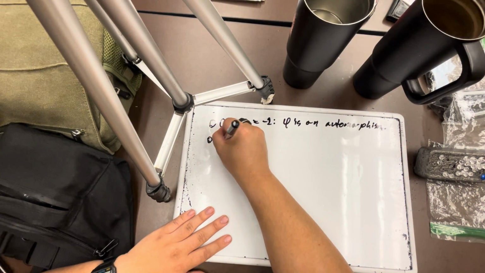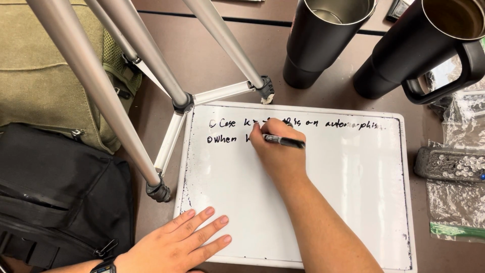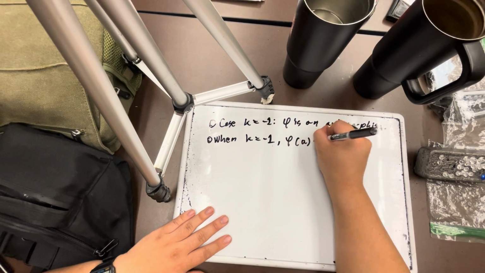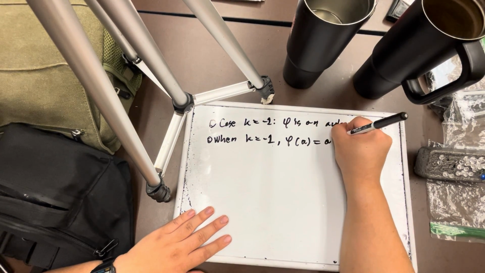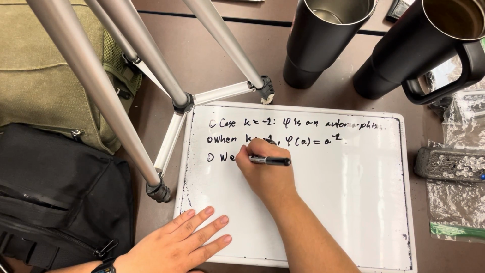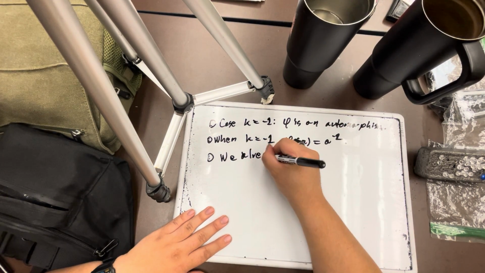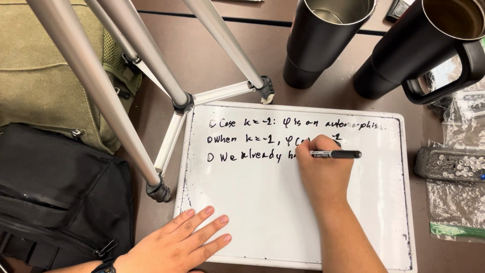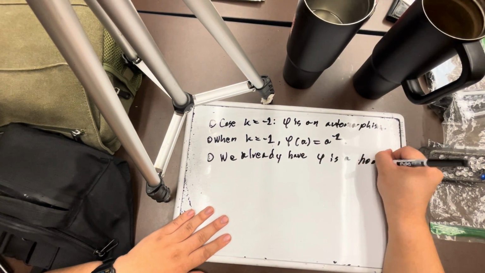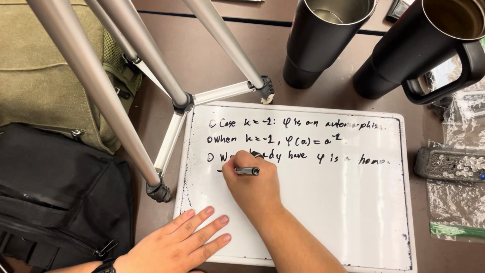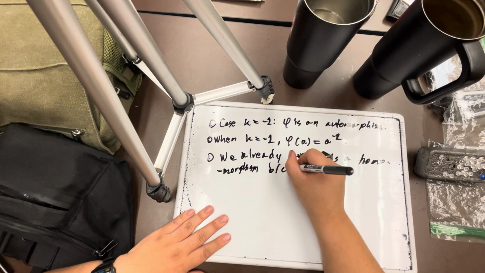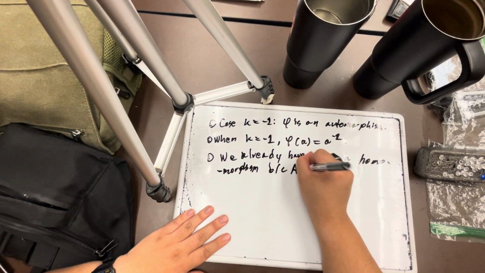So when k is equal to -1, phi of a is equal to a to the -1. It's equal to its inverse. So it's equal to the inverse of a. We already have phi is a homomorphism, because capital A is abelian.